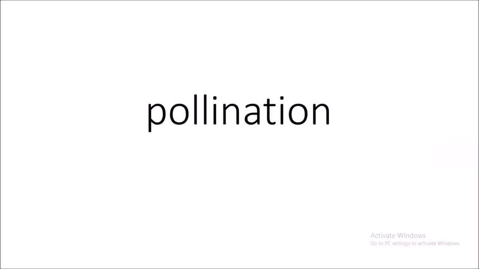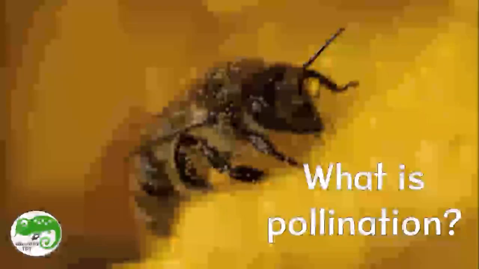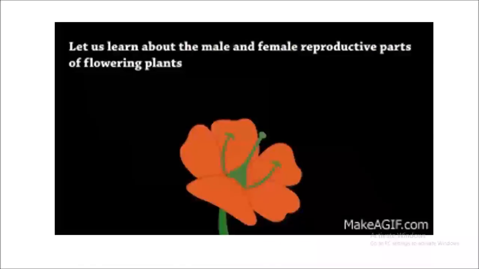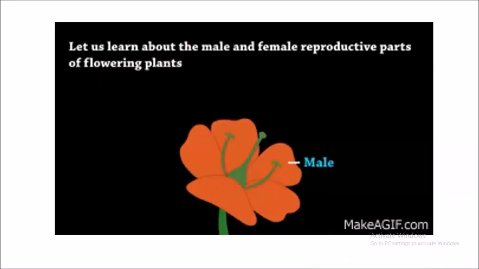Then we have pollination. Pollination is a process that leads to making the seed. What is pollination? Before knowing what pollination is, we need to learn about the male and female reproductive parts of the flowering plant. And yes, plants do have male and female reproductive organs to help them make seeds.